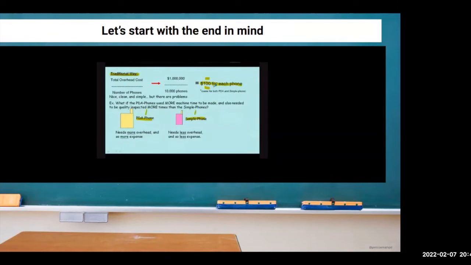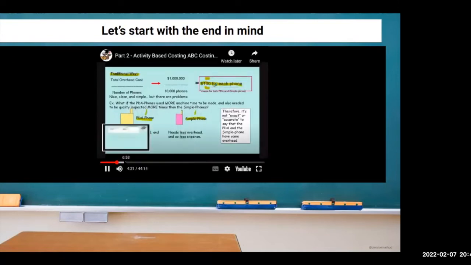It's easy, it's simple, it's fast, but it's not very exact. It's just an estimate. Okay? So it's not exact or accurate to say that the PDA phone and the simple phone have the same overhead.